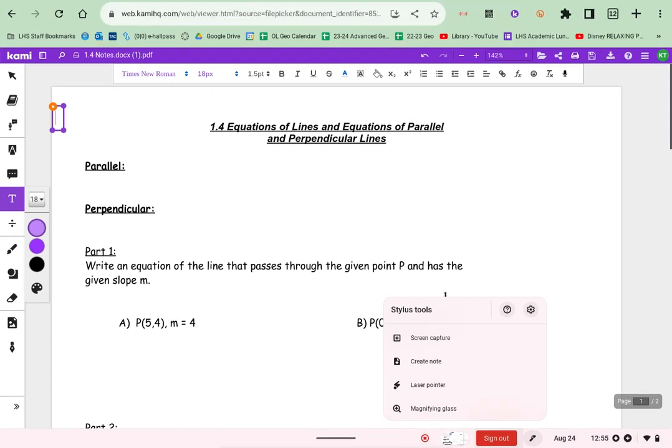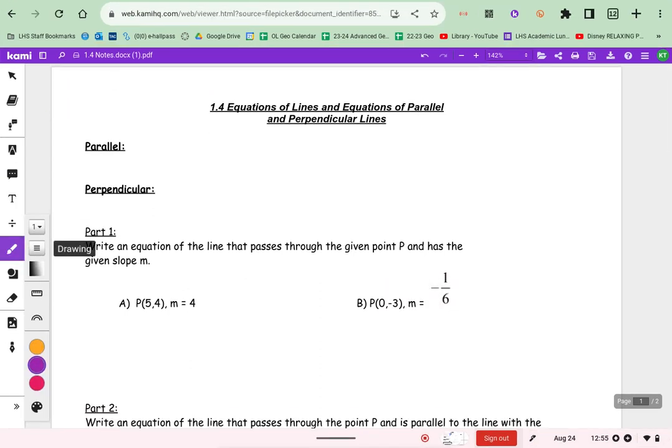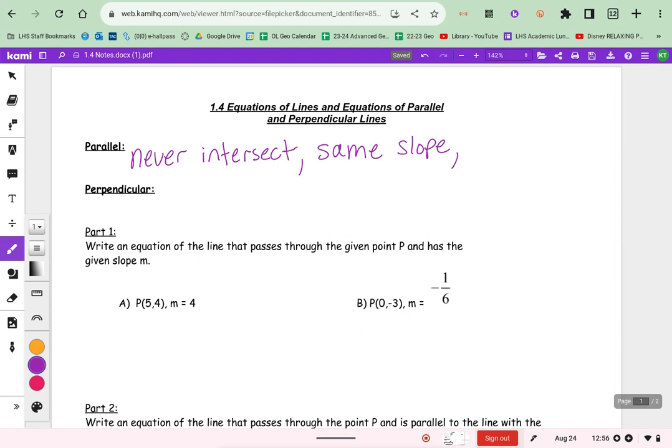Let's write this down. So parallel lines never intersect. They have the same slope, but different y-intercepts.